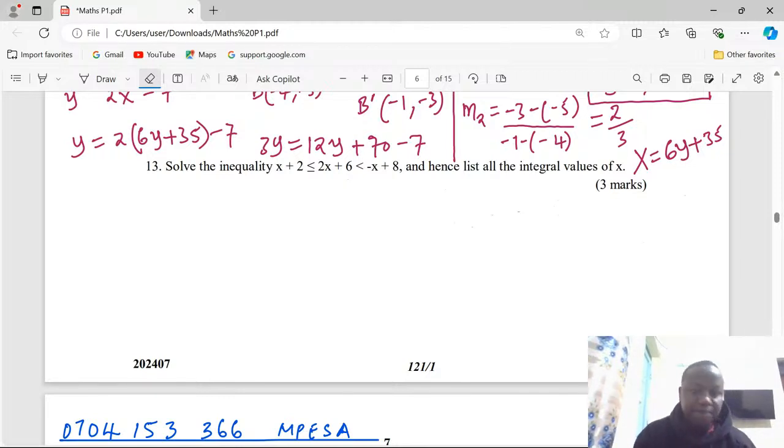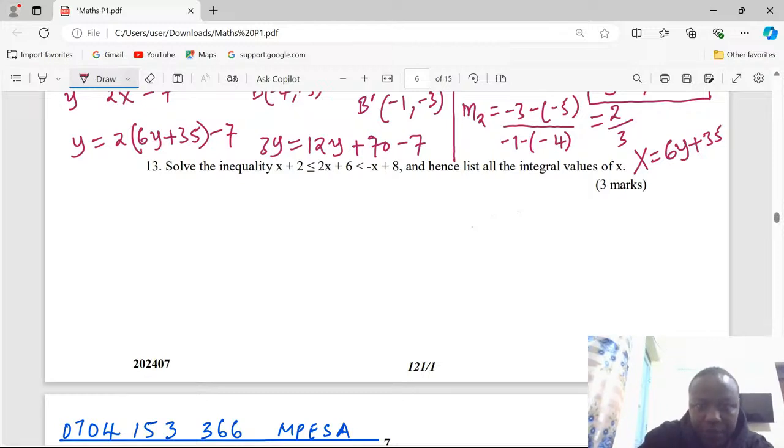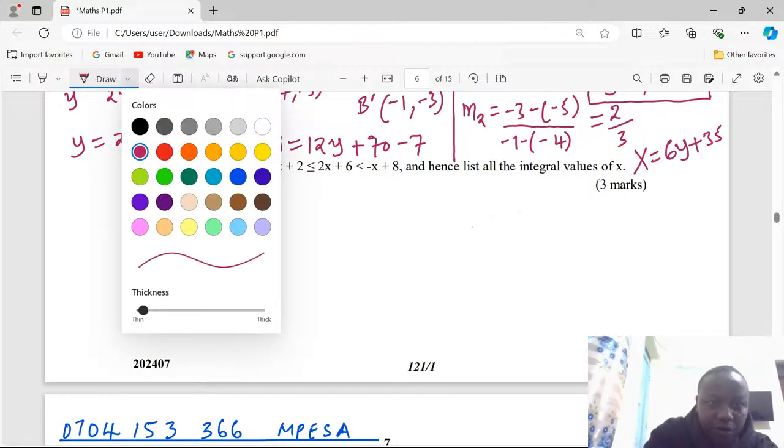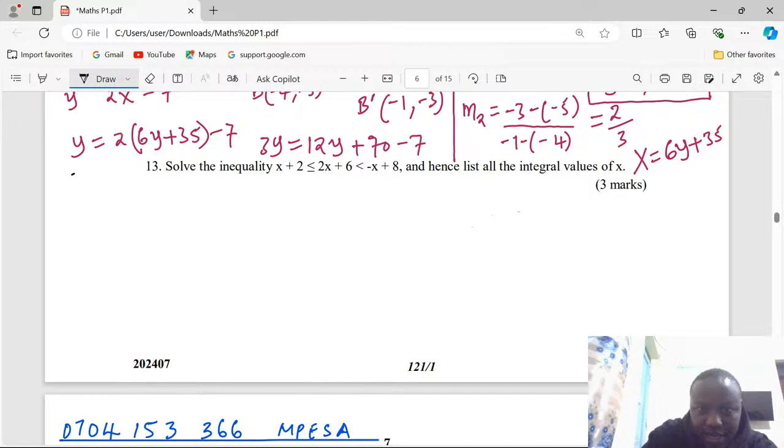Don't you worry. Solve the inequalities, and hence list the integral values of x. When the inequality has been given this way, we pick first of all the first in the pair of the simultaneous inequalities.